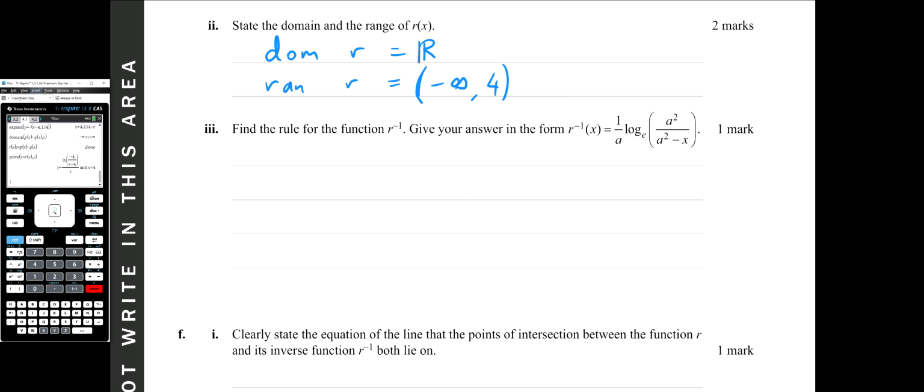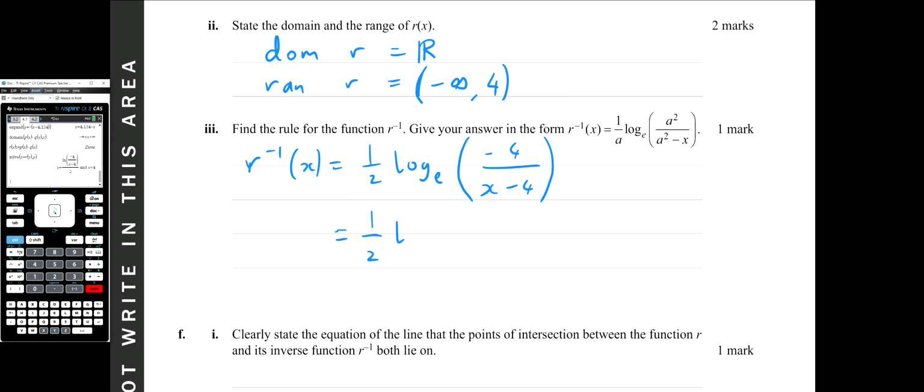So in this case, we can just say the inverse of r of x is equal to 1/2 log e of negative 4 over x minus 4, but then changing that output into their desired form, it's 1 over 2 log e.